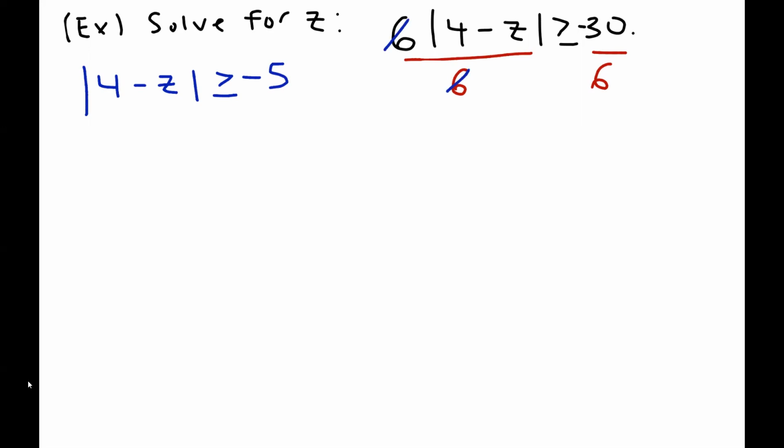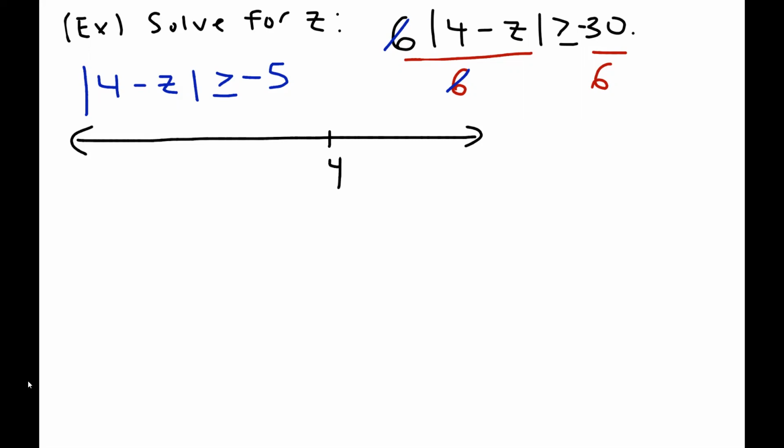So let's see what we're really saying here literally. If we look at a number line, remember, the absolute value gives us the distance between the two numbers. So what we're really saying here is that for some number z, the distance between z and 4 is negative 5. So really that doesn't make any sense.